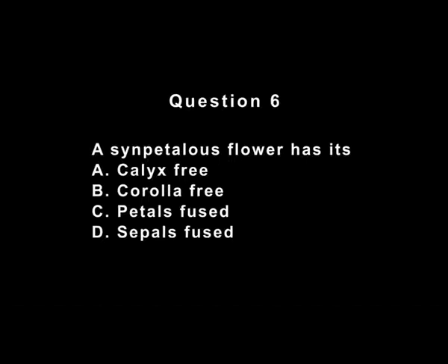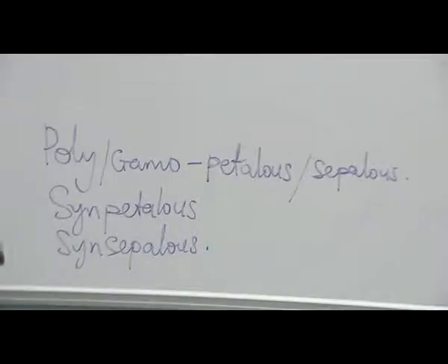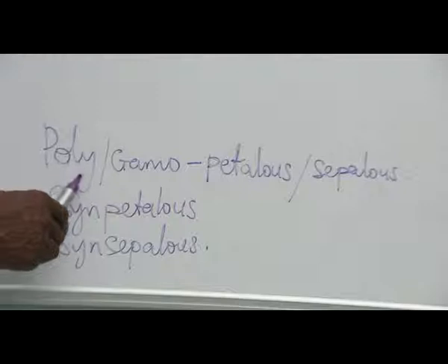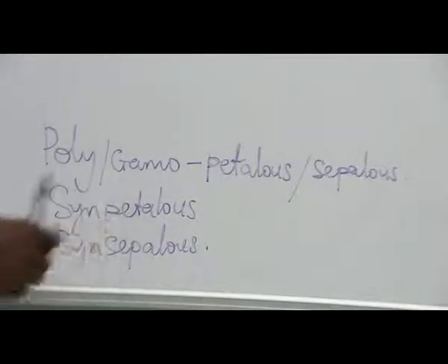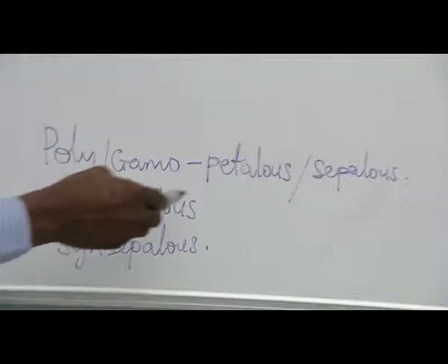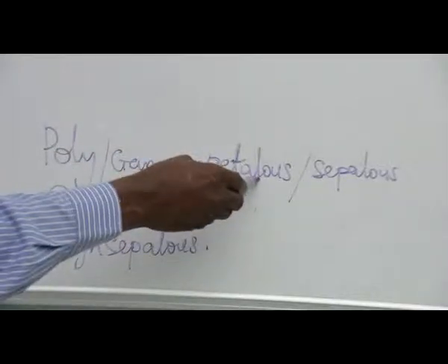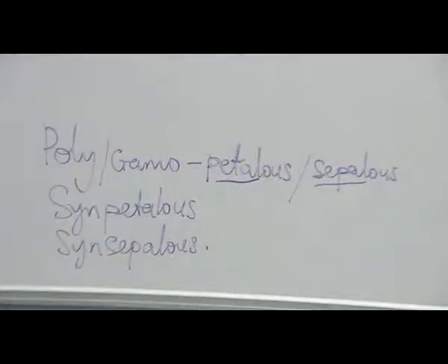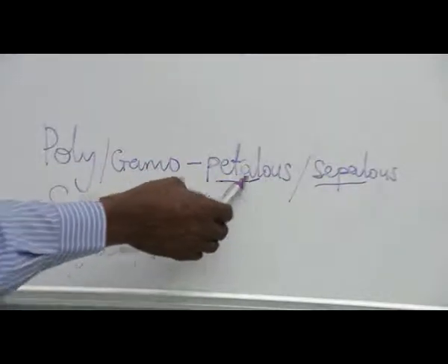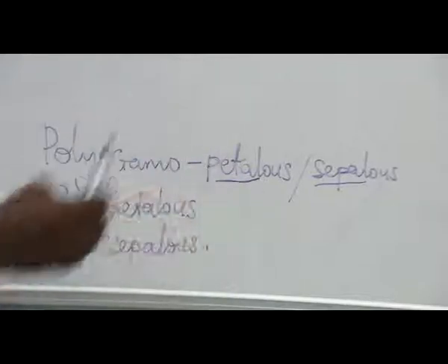Take note, we have two types of situation. A flower can be described as poly or gamopetalous or sympetalous. What is important is this word, petal, sepal. Petal is what forms the corolla.